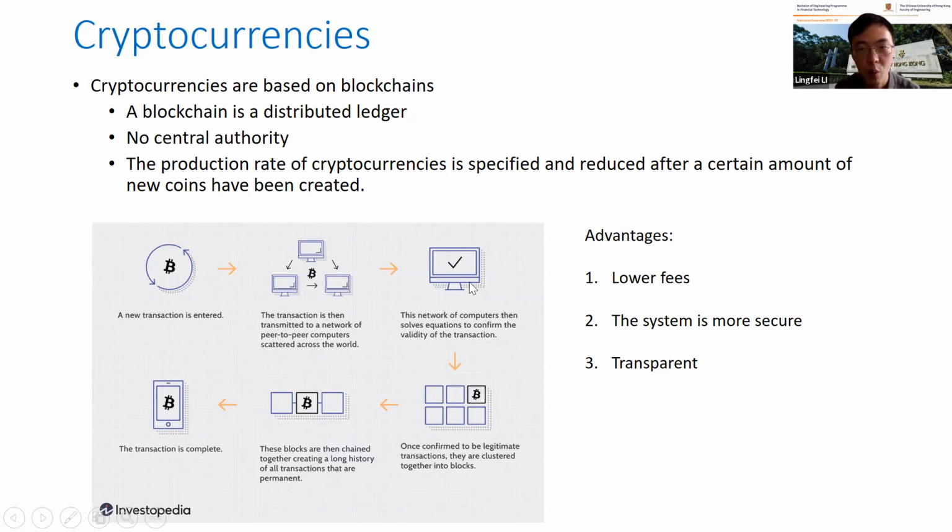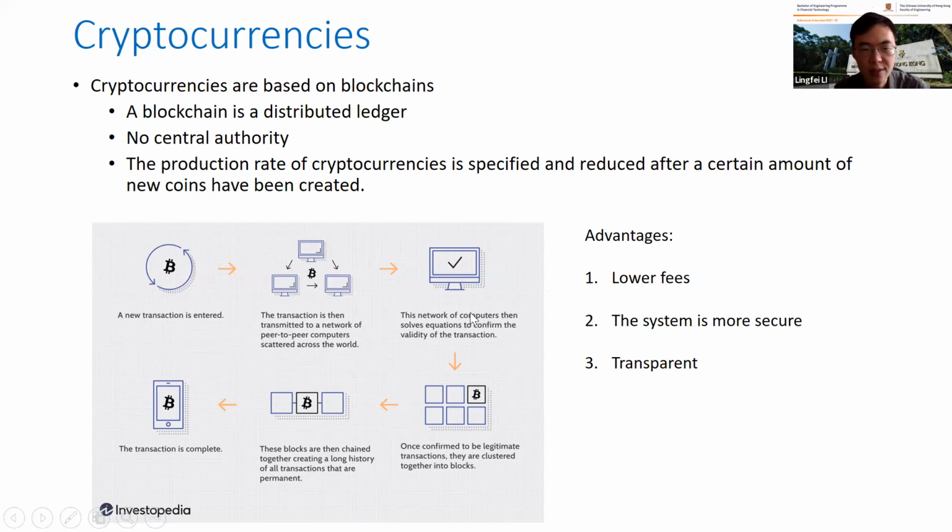Once the transaction is submitted, of course, it has to be verified. In the classical financial system, this transaction is verified by the central authority. But now in this distributed system, which is called blockchain, this verification is done by lots of people on the network.